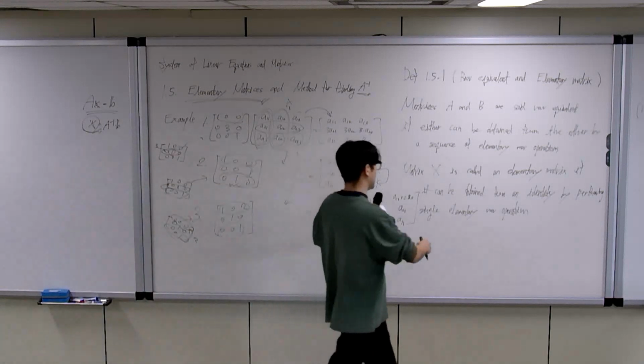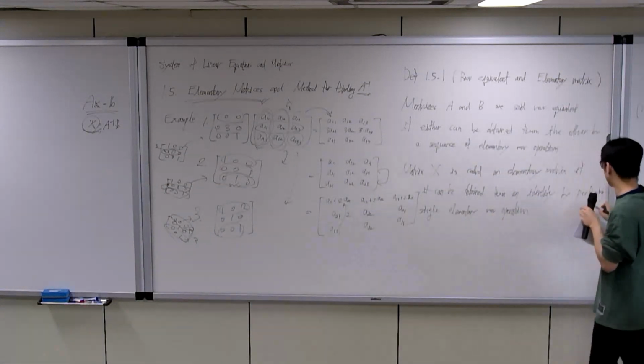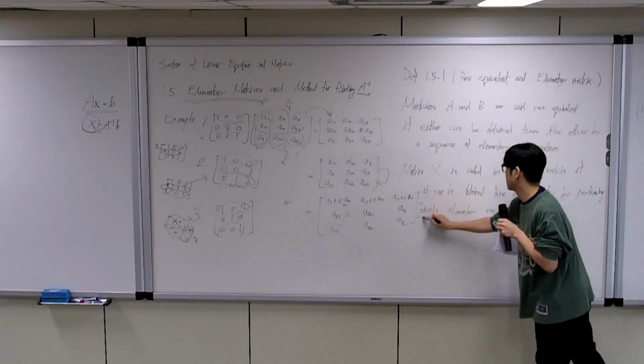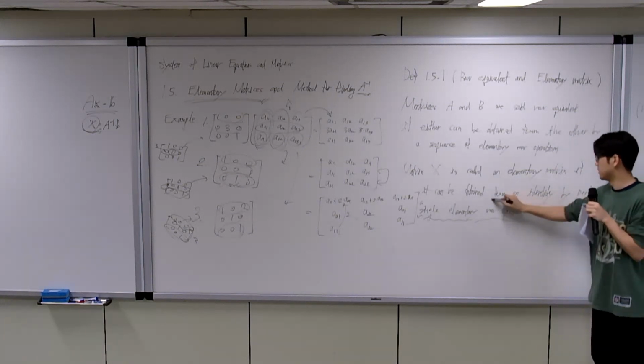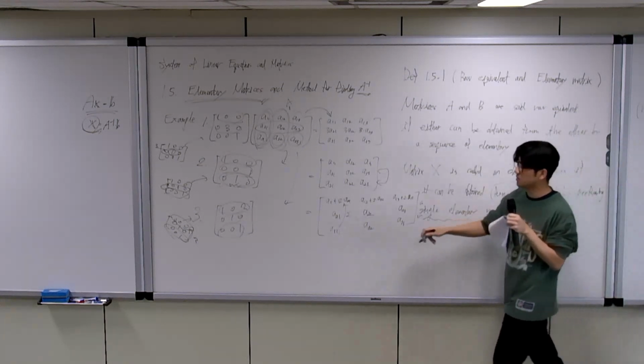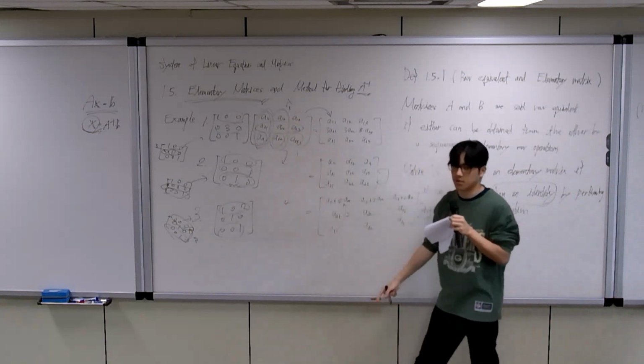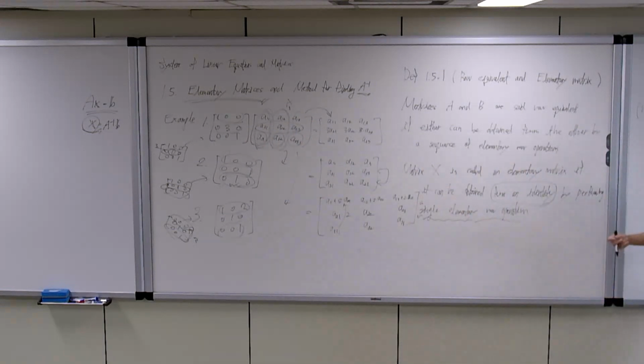So it is a single elementary row operation. We use only one row operation from an identity, so it is called an elementary matrix, and that means just representing the row operation as matrix multiplication.